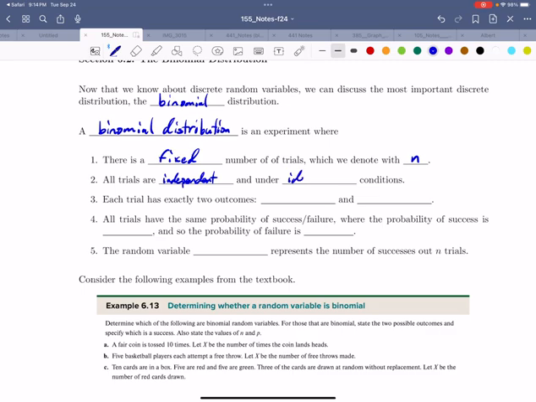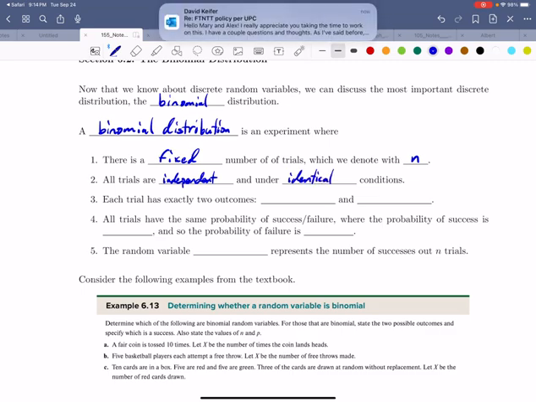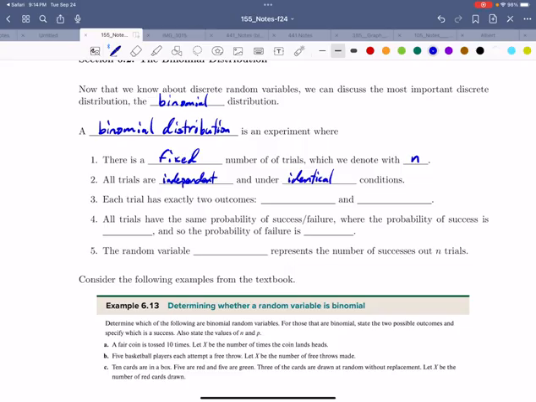And under identical circumstances. Now, this book doesn't mention the second part, but what it really means is that basically each trial is exactly the same as all the others. Another one. Each trial has exactly 2 outcomes, success and failure. Now, it's worth pointing out that success isn't necessarily a good thing. It just means the thing we're interested in.